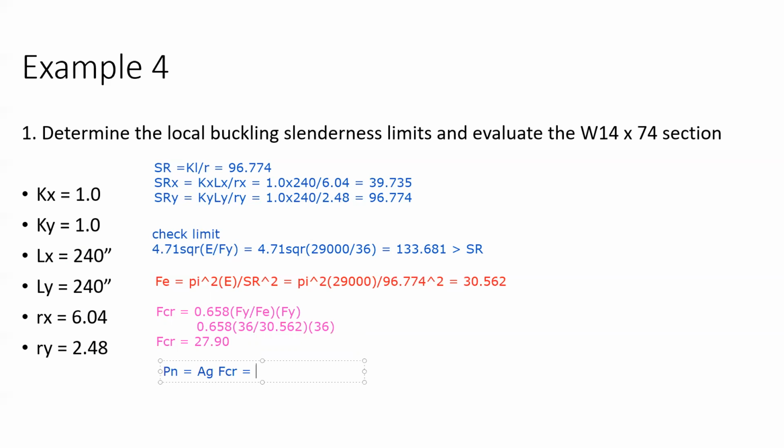AG natin given ba? Hindi. Pero if you search for W14 by 74, you will have AG for W14 by 74 as equal to 21.8 square inch.